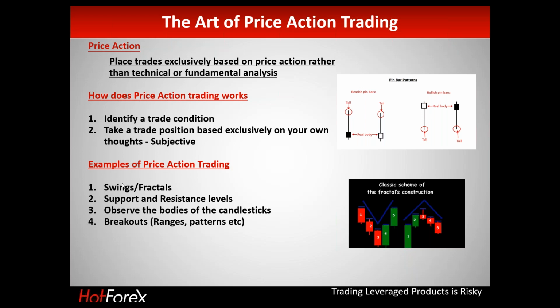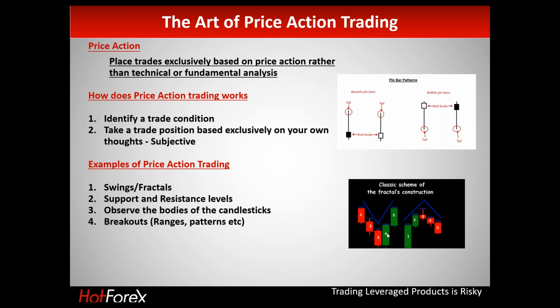So we need to check for any swings. We need to identify our support and resistance levels based solely on the body of the candles and on the low levels and the upper levels of the candles. So we will put a trend line on in order to spot our support and resistance levels.